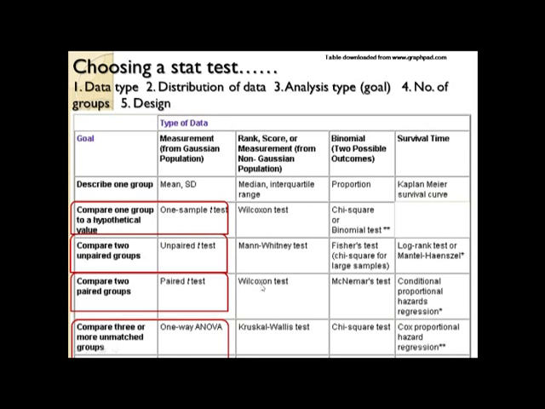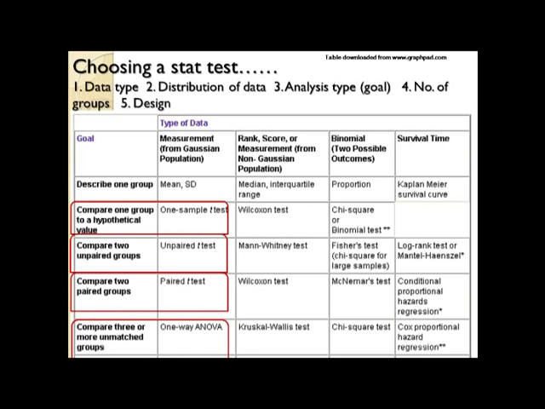It is nothing but if you want to check whether a sample drawn from the population represents the population or not, you will have only one group, in which case you use the one-sample t-test. So the t-test has various variants, and if you have more than two groups in parametric data, you will use one-way ANOVA.